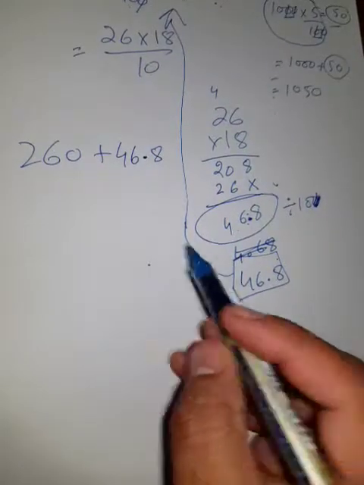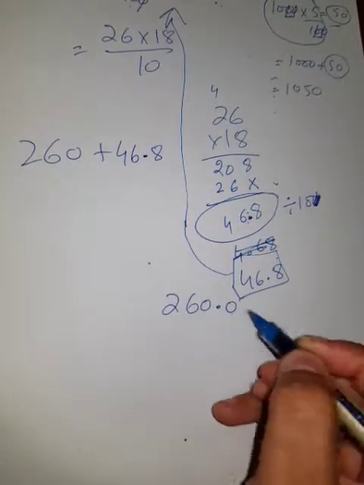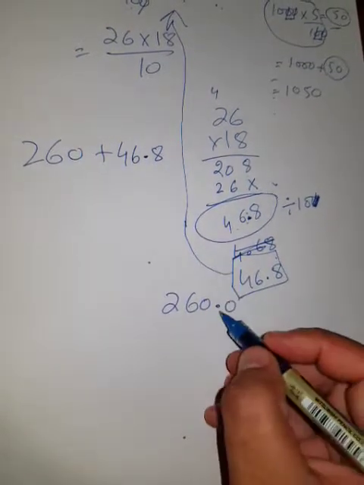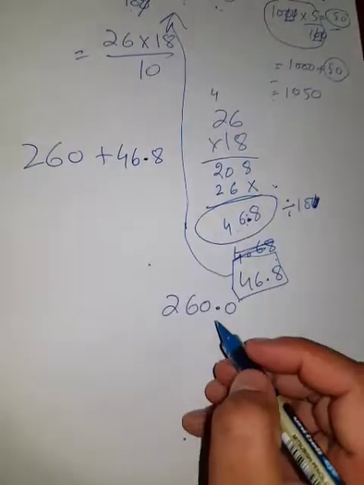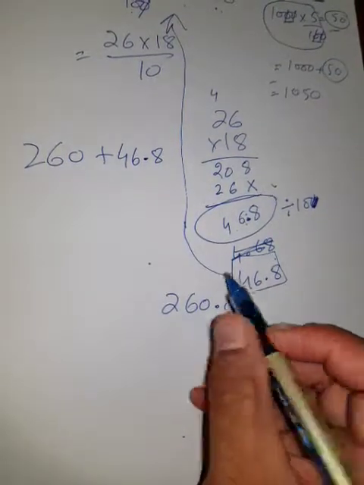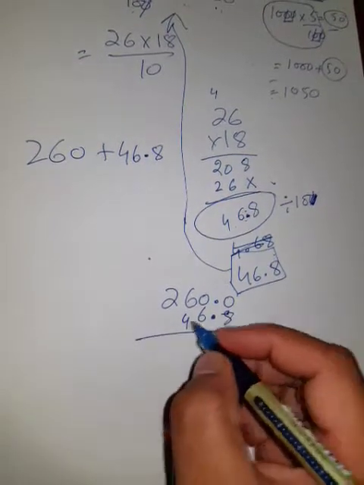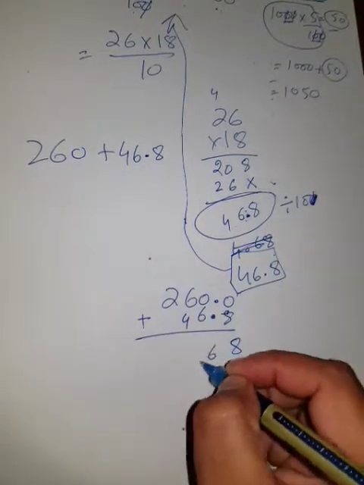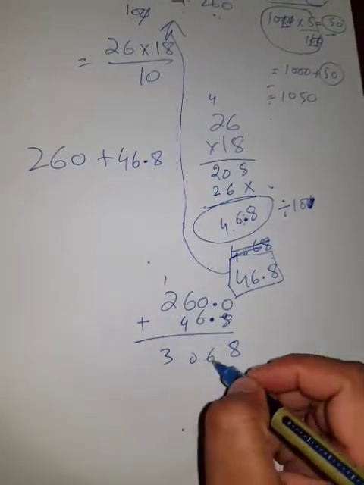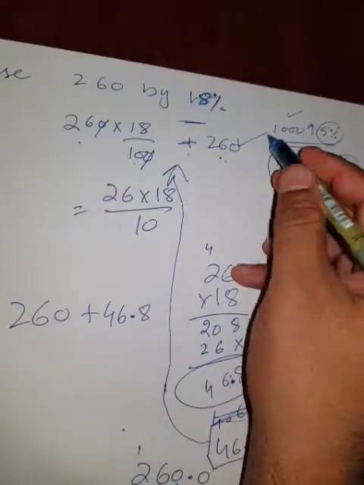Please remember, this number doesn't have a decimal, so I will add a decimal from my own pocket in there. No issues. I'm adding only 0 there. And I will bring this decimal here. Right after the decimal, I have 8, so I'll put 8 here. Right before the decimal, I have 6 and 4, so I'm keeping them right in their places. I'm adding them together. 8, 6, 10 and 3. 306.8 is my answer after increasing the percentages.